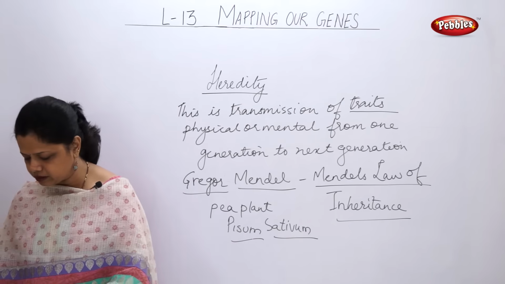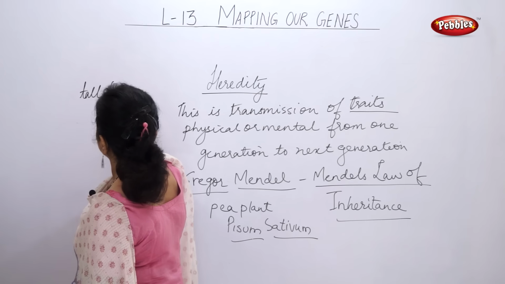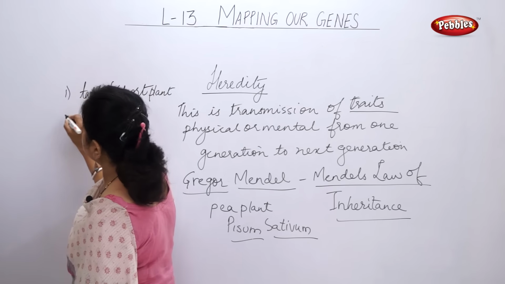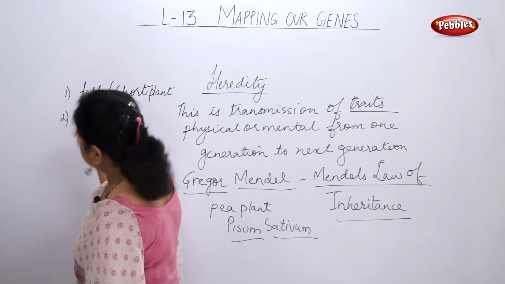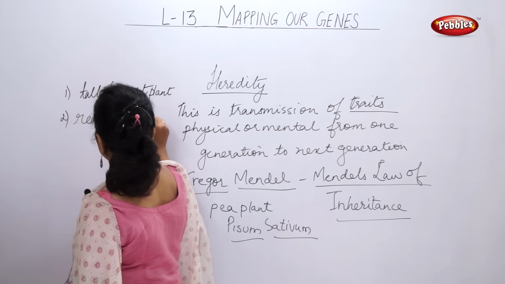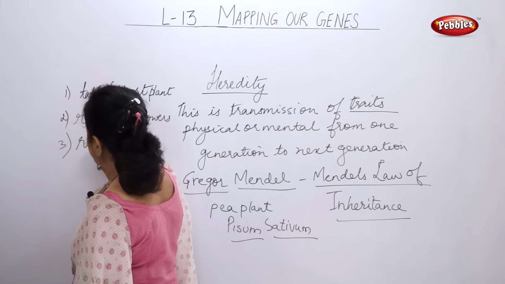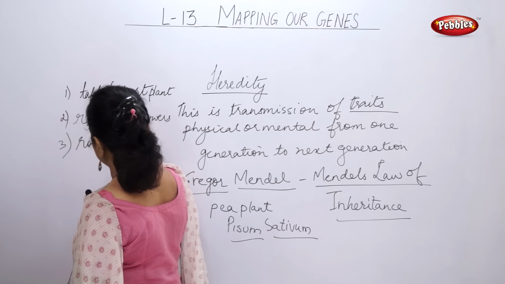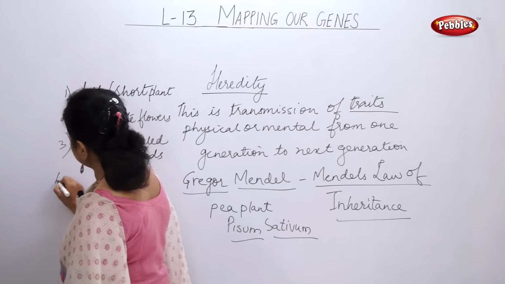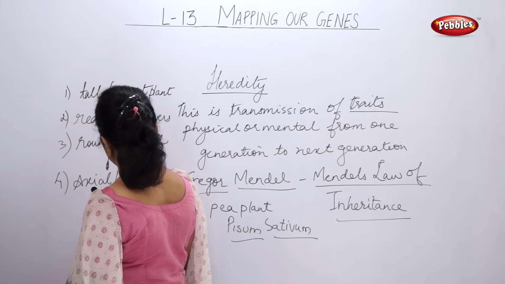For various contrasting characters, first he took tall and short plant. So this is the first character he considered. Then the second character he considered was red and white flowers. Third, round and wrinkled seeds. Fourth, axial and terminal position of flower.